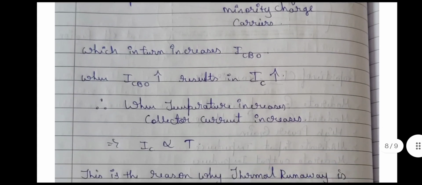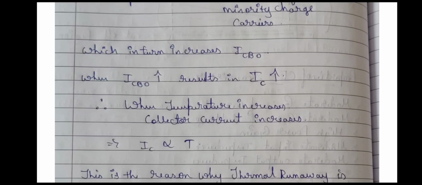As a result, if ICBO is increasing, IC will also increase. ICBO means there is a current flowing between the base and collector junction, and if there is a base and collector junction present, there must be a voltage present as well, right?